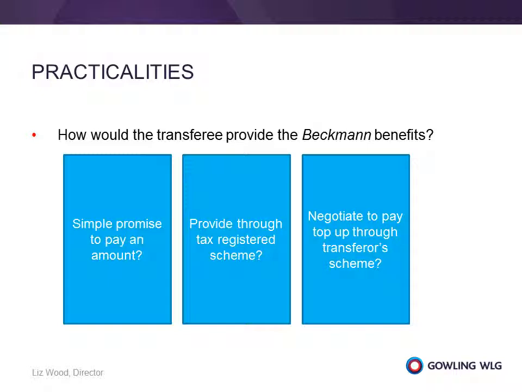Or alternatively, transferees might want to try and negotiate with the transferor and probably the trustees of the transferor's pension scheme to essentially pay a top-up to provide that enhancement through the scheme rather than having to deal with it outside the pension scheme of the transferor.